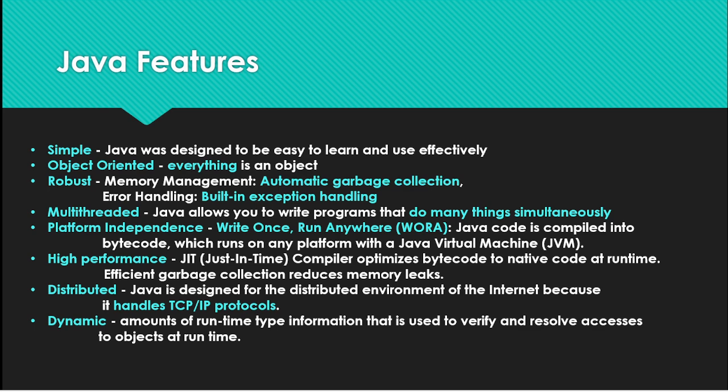Next, it is a robust language. Robust means there are two major features that make Java a robust language. The first one is memory management. It has a garbage collector which will automatically destroy or release the memory to boost the performance.